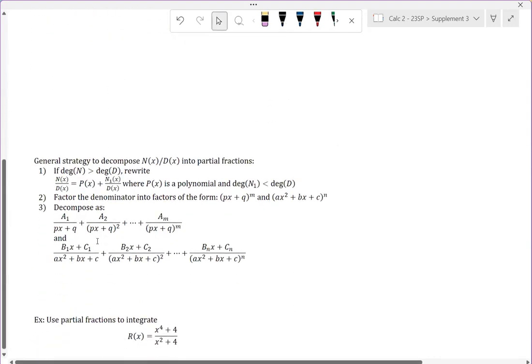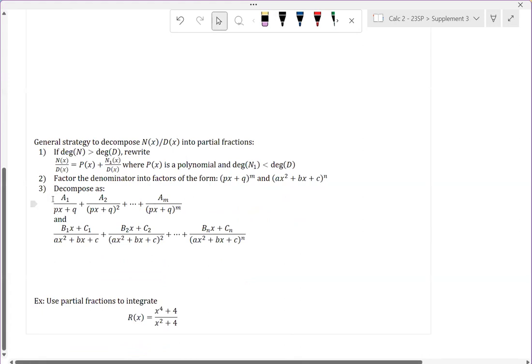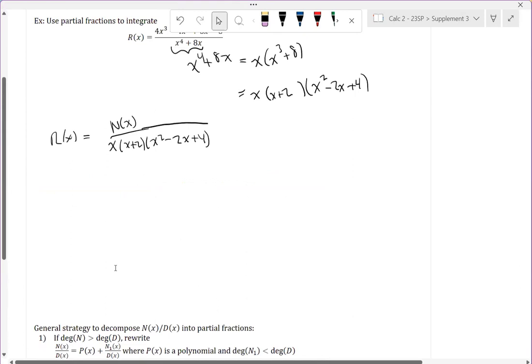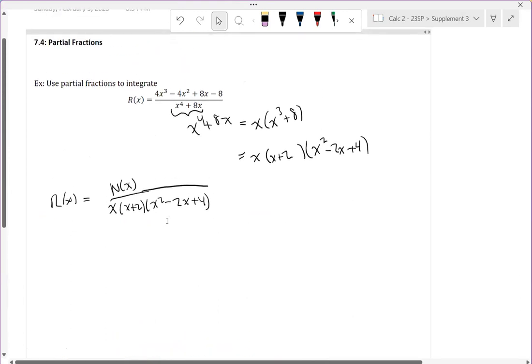And I know from my general strategy that my linear bits get a constant in the numerator, and my quadratic bits get a linear in the numerator. So when I break this into partial fractions, I'll keep that in mind.